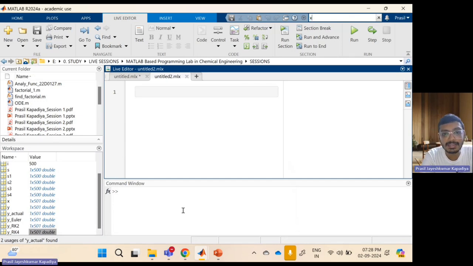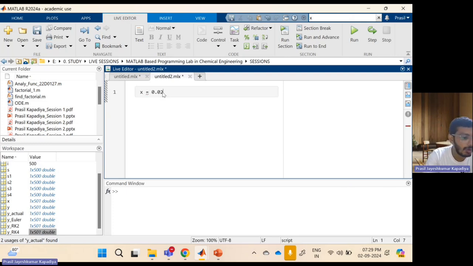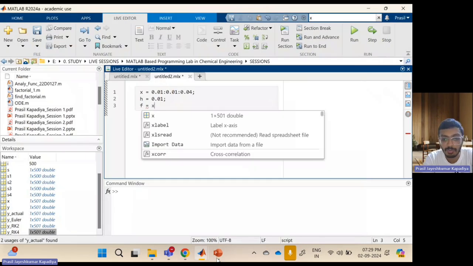My value of x is, from question, x is equal to 0.01 to 0.04 in interval of 0.01. And my h is equal to 0.01. Now my function f is equal to, what is function told to us in problem statement? x cube minus 6x square plus 11x minus 6. So it is x cube.